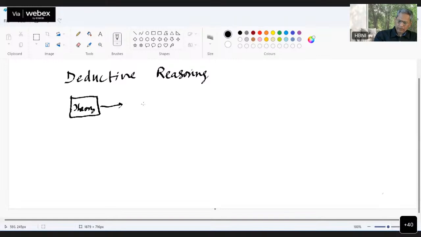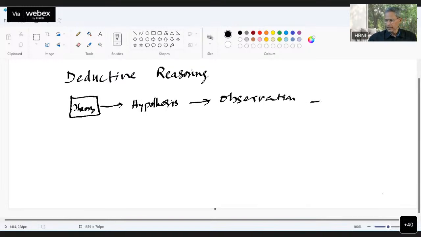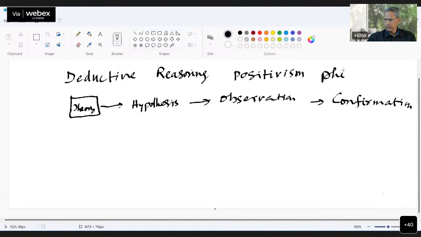Then you go to hypothesis. Then you go for observation and then confirmation. This reasoning is also called positivism philosophy.